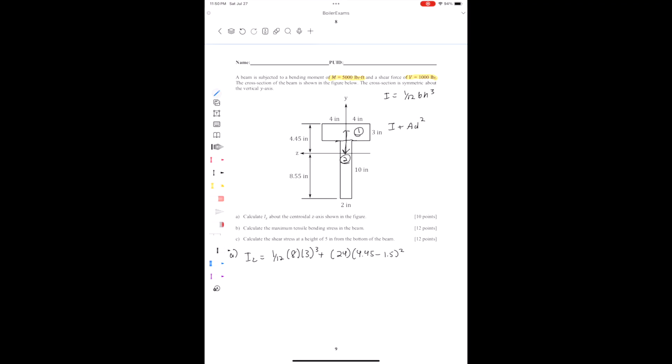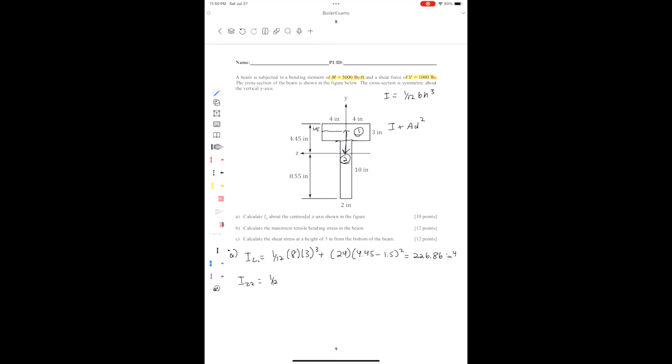Because remember, the D is equal to this distance here, which is going to be 4.45 minus 1.5, because it's halfway, like it's in the center of the shape. So you end up with 226.86 inches to the fourth for section 1.